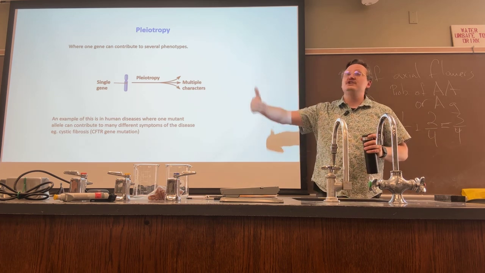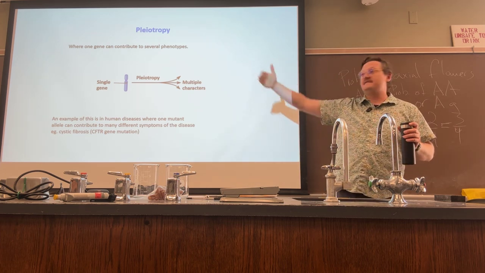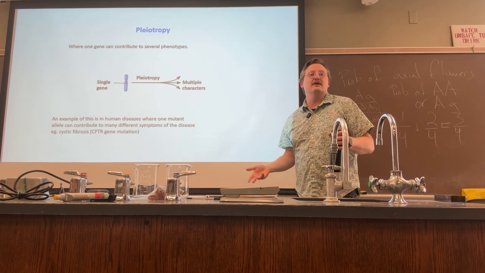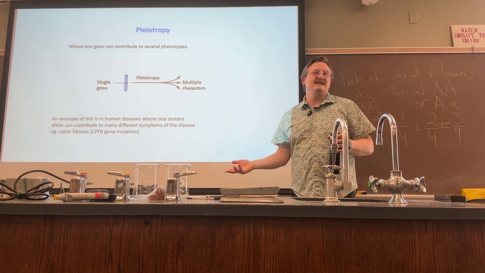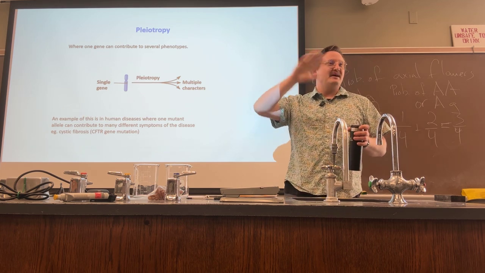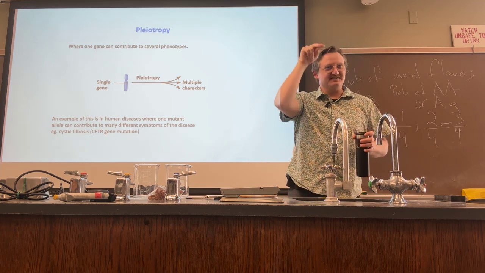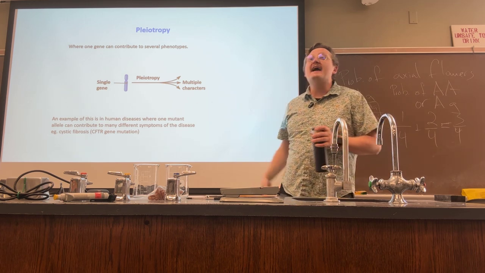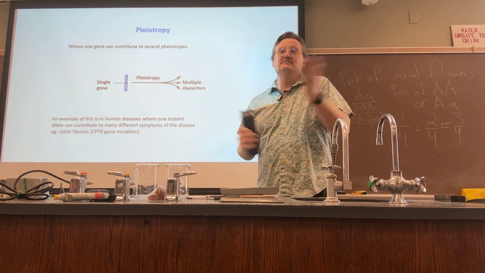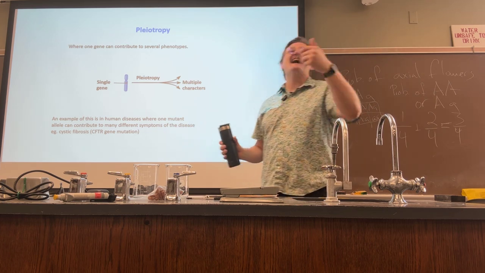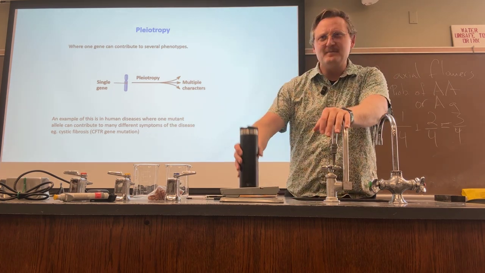So a single gene is affecting a bunch of different phenotypes, and oftentimes genetic disorders arise because of this. One gene that does a bunch of different stuff, that's pleiotropy. So any mutations in that one gene can have a big effect on the organism, because the one gene is involved in many different processes, or I could say aspects of the phenotype.